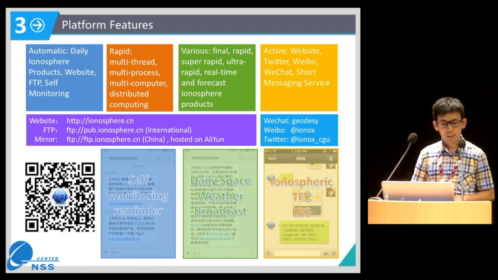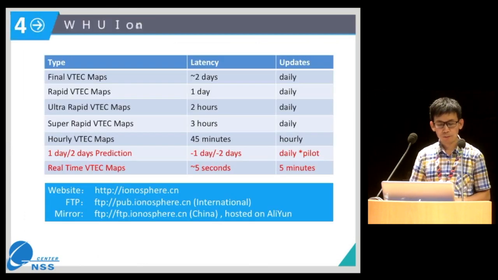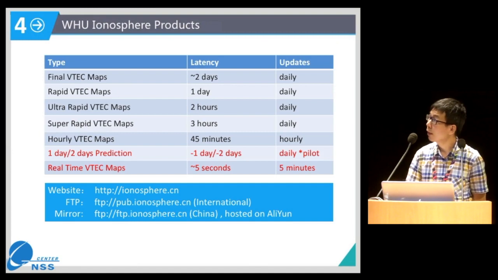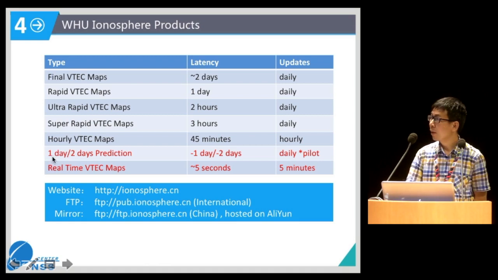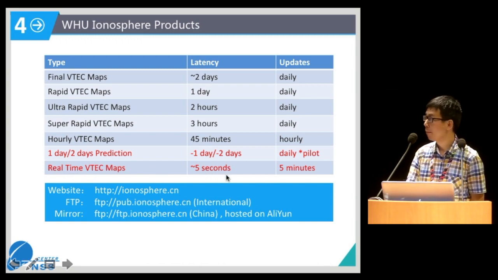Okay, in this slide we will give the type and the length of the aerosphere products of Wuhan University, in which we have also provided 1 day and 2 days prediction products. Also, there are real-time VTEC maps with a latency of only seconds, and the time resolution of this product is up to minutes.